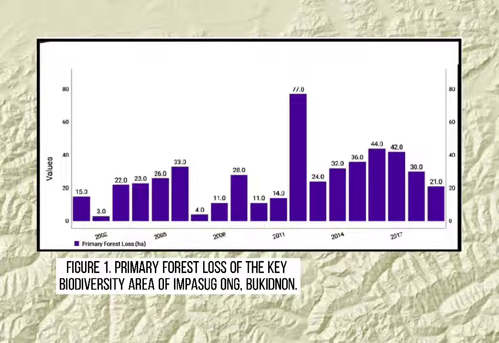This indicates that from 2002 to 2020, Impasug-ong lost 496 hectares of humid primary forest in its key biodiversity areas, making up 25% of its total tree cover loss in the same time period. The total area of humid primary forest in Impasug-ong has decreased by 1.2% in its key biodiversity areas.